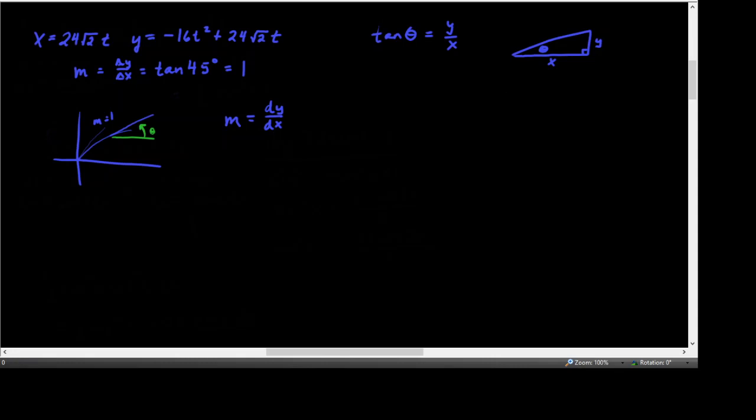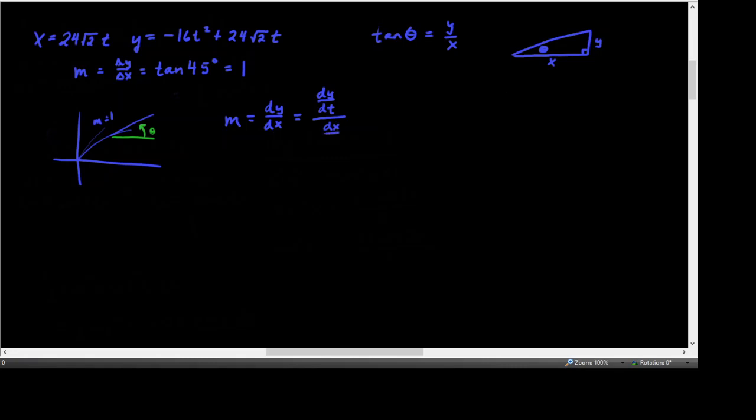So in order to make that happen, we're going to have to think about what we can do with what we have. And since, for example, y is a function of t, I could find dy dt, and by the same token, x is a function of t, and I could find its derivative, dx dt.